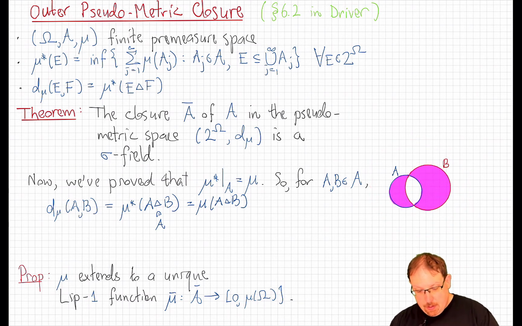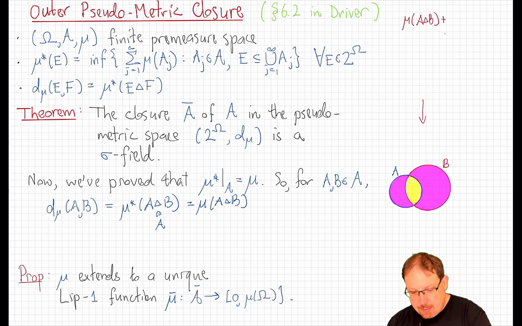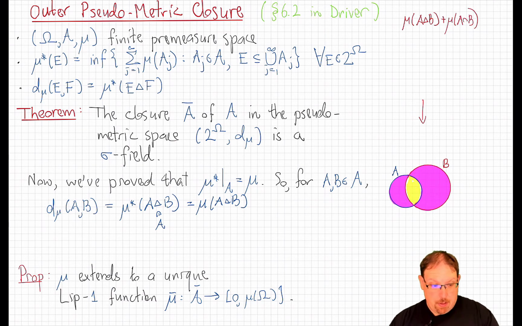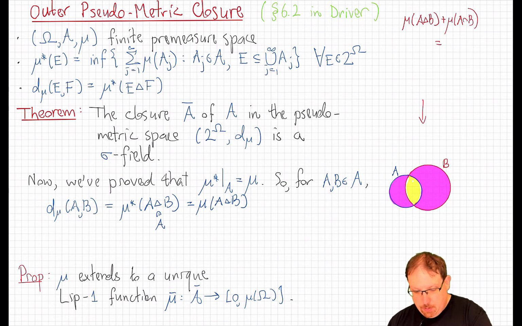Notice that the symmetric difference, which is the shaded region, is not so far from the union. In fact, we can see from the picture here that the missing piece is the intersection of A and B. So that shows us that the measure of the symmetric difference of A and B plus the measure of the intersection of A and B, which is disjoint from the symmetric difference, is equal to the measure of the union.